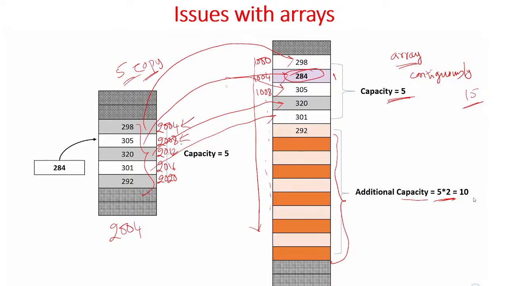What it is doing is trying to find extra space and performing copy operations. This is the problem with arrays. Even though the lists are dynamic, internally the dynamic arrays work this way, so this makes your program slow.